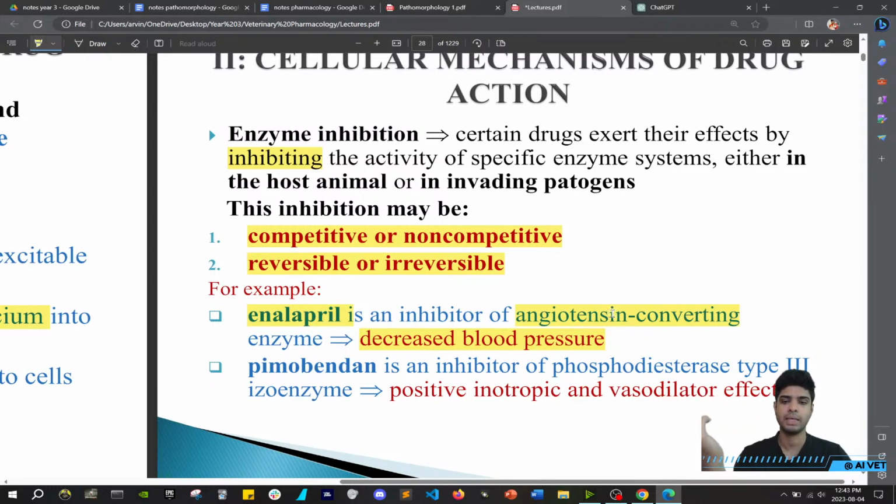Otherwise, I'll always be saying the wrong names. It's not good to be a potential future doctor and saying stuff wrongly. Enalapril. Angiotensin converting enzyme. So there's an angiotensin converting enzyme present on the cell surface, I guess. This drug inhibits that enzyme, and then it decreases the blood pressure.